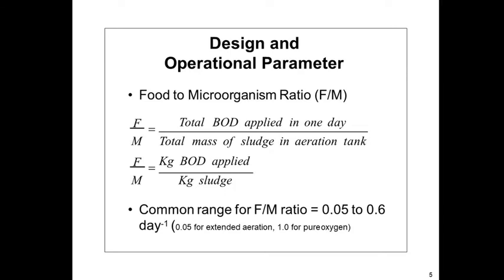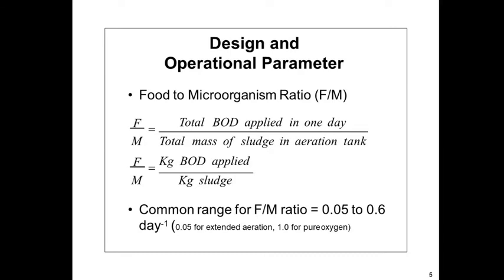The next term is the organic loading. In ASP, the activated sludge process, the microorganisms exhibit flocculent characteristics, which result in efficient separation of sludge from wastewater. So organic loading is nothing but the volumetric loading.